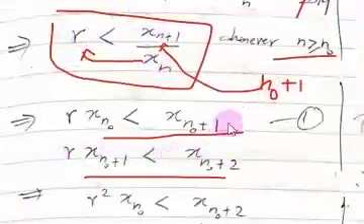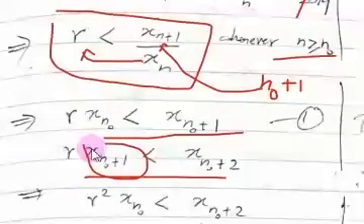So then you can replace here: you know that x sub n naught plus 1 is bigger than this one. Then you get this inequality from the first one, you get this one here.